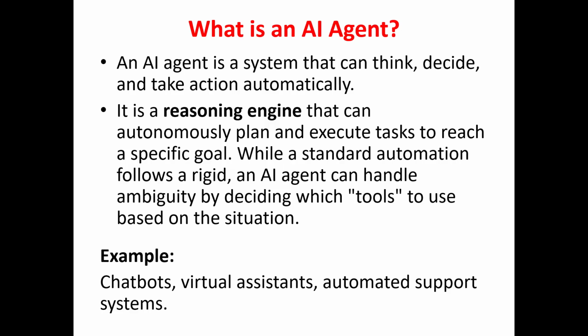So this is what makes a workflow different from an AI agent. A standard automation or a standard workflow follows a rigid pattern. But an AI agent has the ability to decide based on the tools that are made available to it.